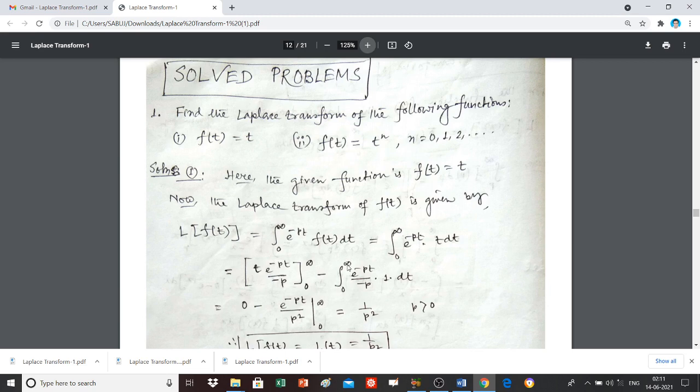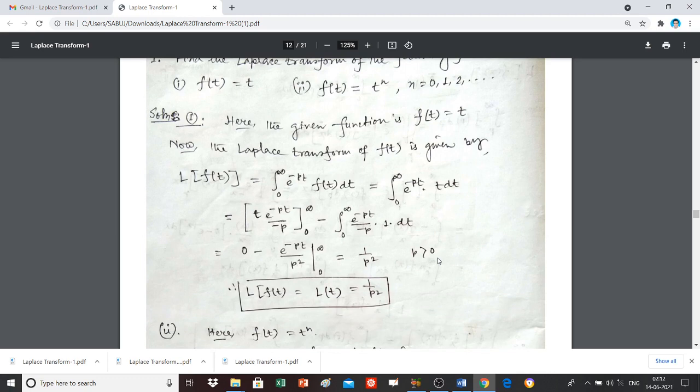Then you differentiate t, which gives 1, and integrate e to the minus pt, which gives e to the minus pt by minus p, and then dt. You are familiar with this process and know how to evaluate this type of integral.